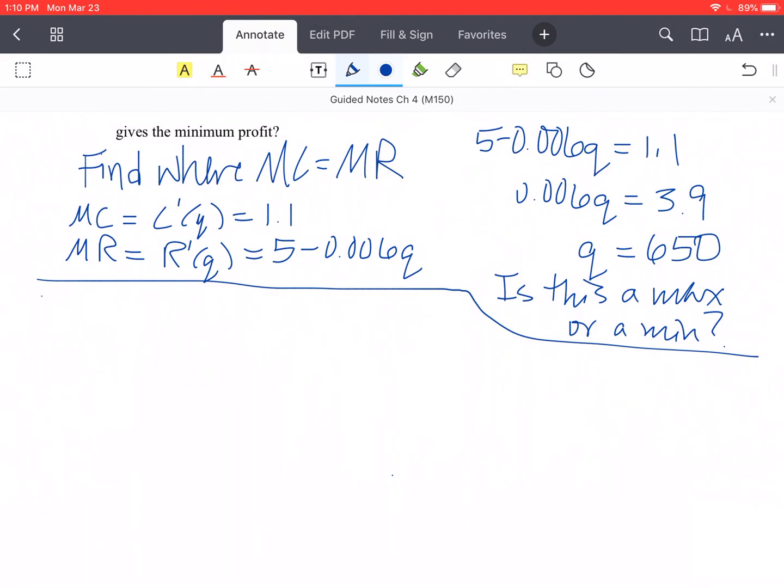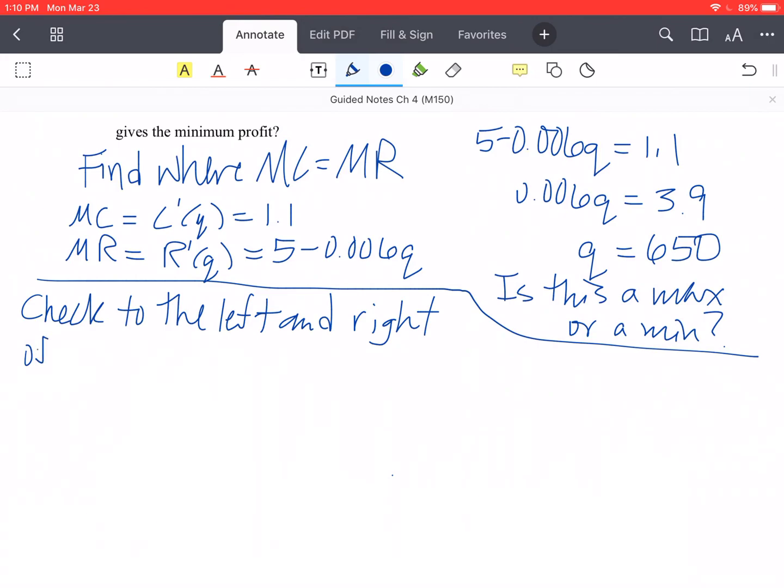So we're going to check to the left and right of Q equals 650 to see what the functions do there.